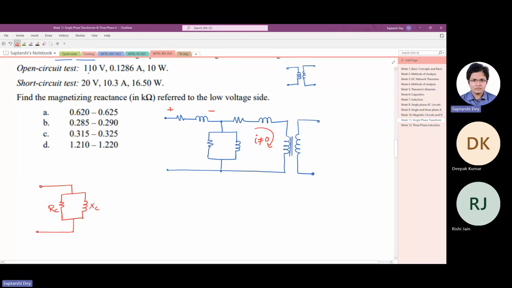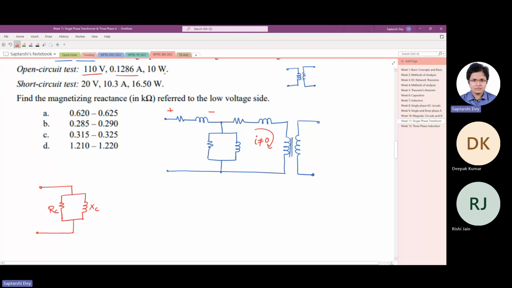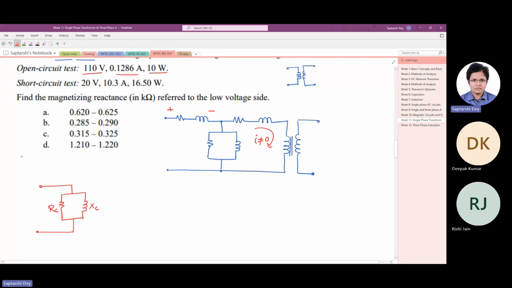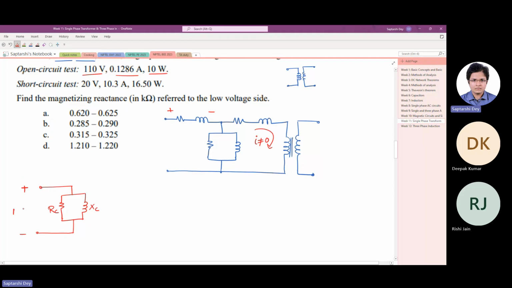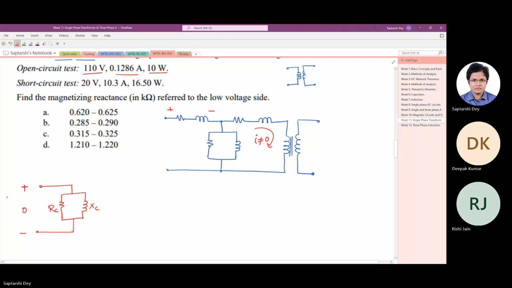Now we have applied 110 volt and got this much current, this much power. From here we have to find out RC and XC. Now you see the only power consuming element here is the RC, and the voltage across it is 110 volt.